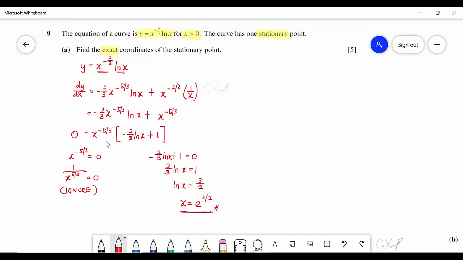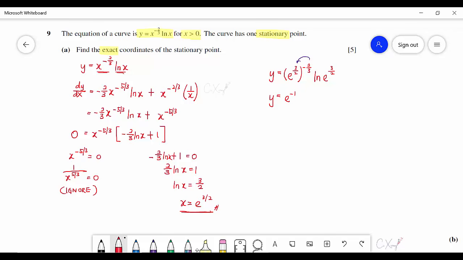But they want to have exact coordinates, so that means you have to find out the coordinate for y as well. Okay, so to get the y, you will have e power 3/2, this is your x, then power -2/3. Then you're having ln e power 3/2. So what is the y coordinate that you will have? All right, so you want to multiply the power inside. When you multiply the power inside, then you're having e power -1.